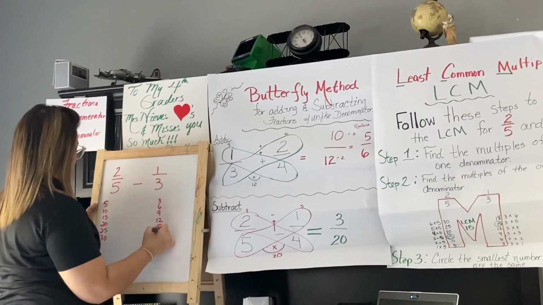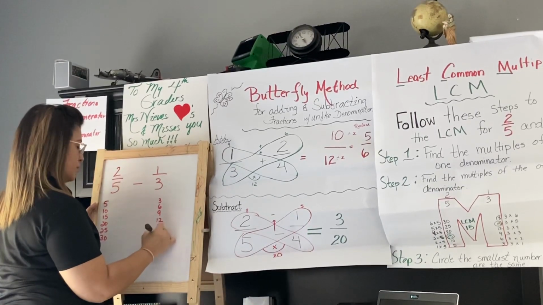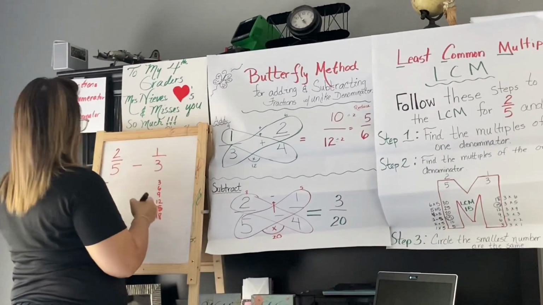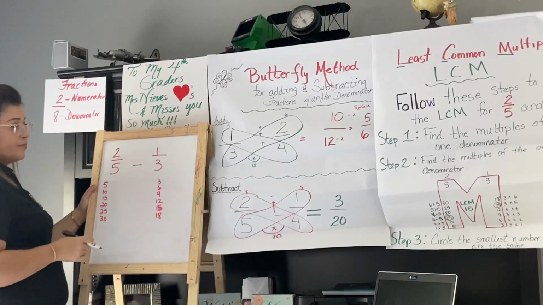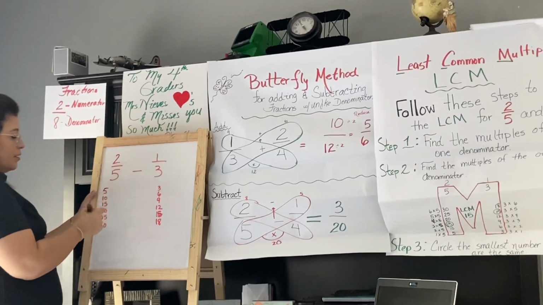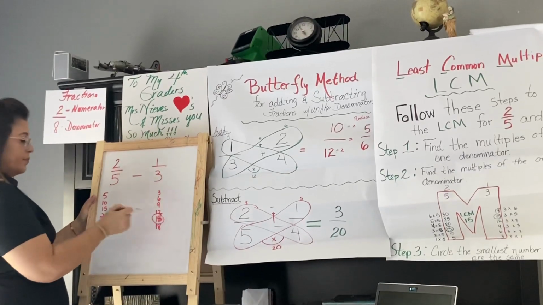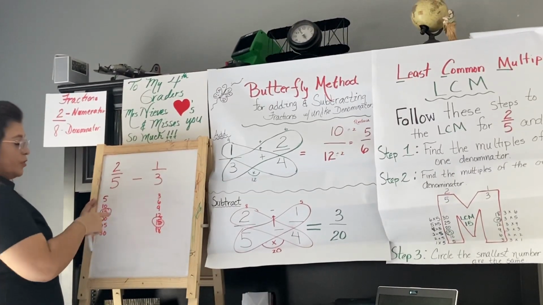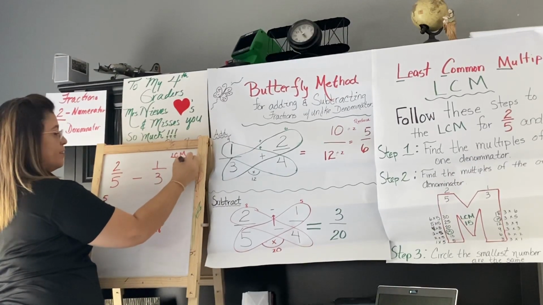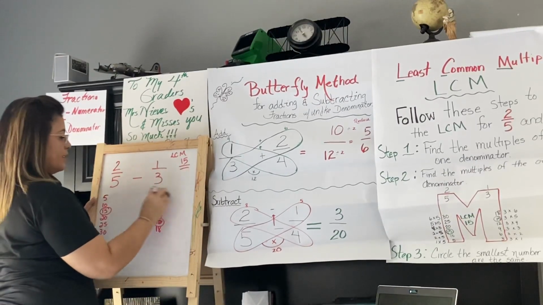Okay. So now we circle the smallest number that is the same in both multiples, which we look, it's 15. So that means our least common multiple is 15.